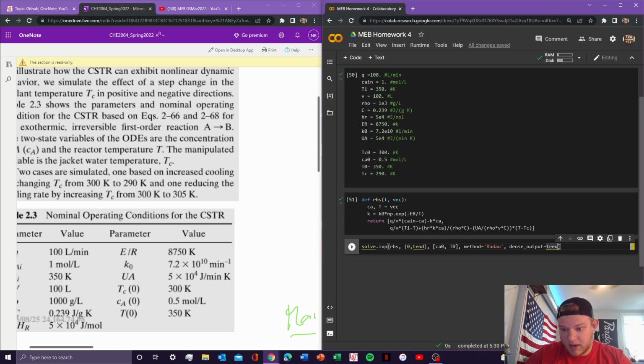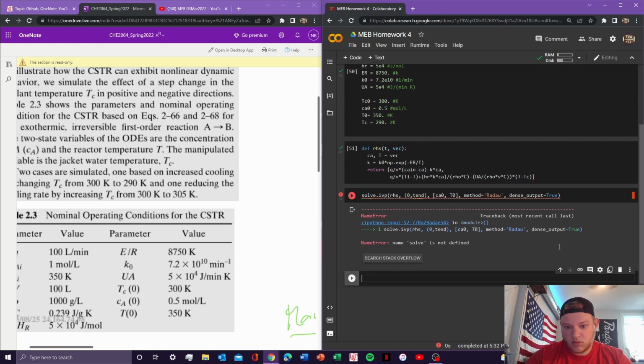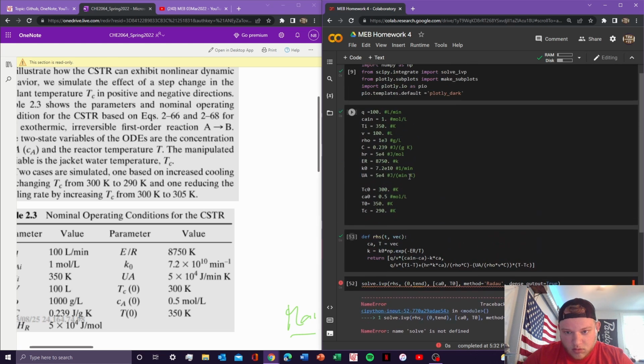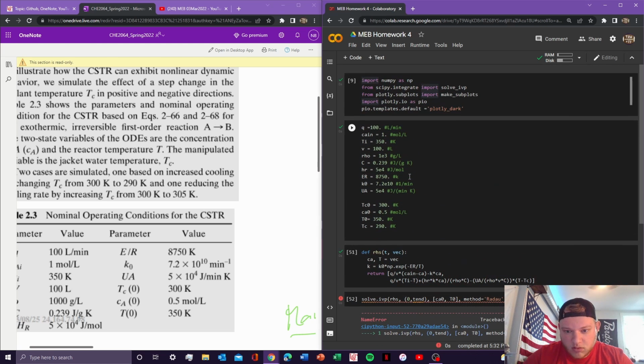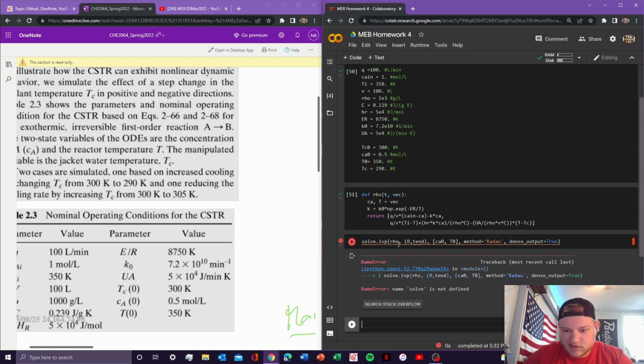I can't spell at all. Interesting. Do I not have it up here? What do you mean solve is not defined?